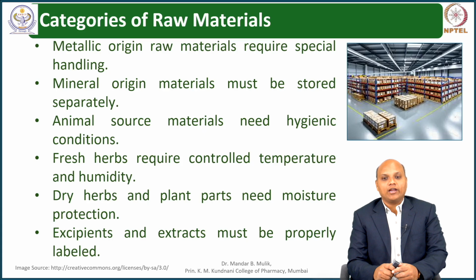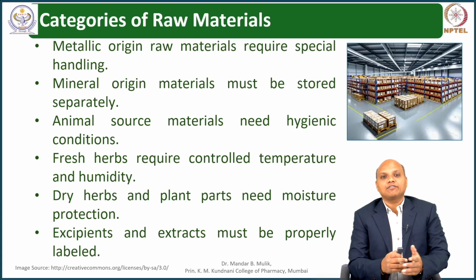Fresh herbs require controlled temperature and humidity. For example, lemongrass or citronella is procured from the open field. When they harvest the field, they collect the grass and transfer it immediately to the processing area to avoid loss of volatile components from it.